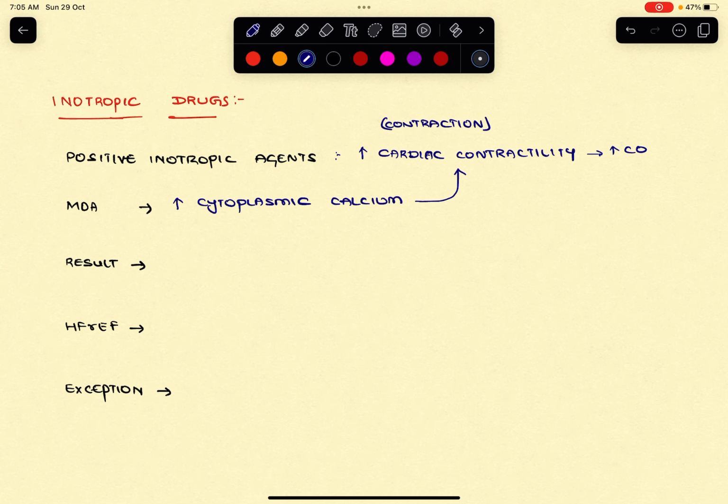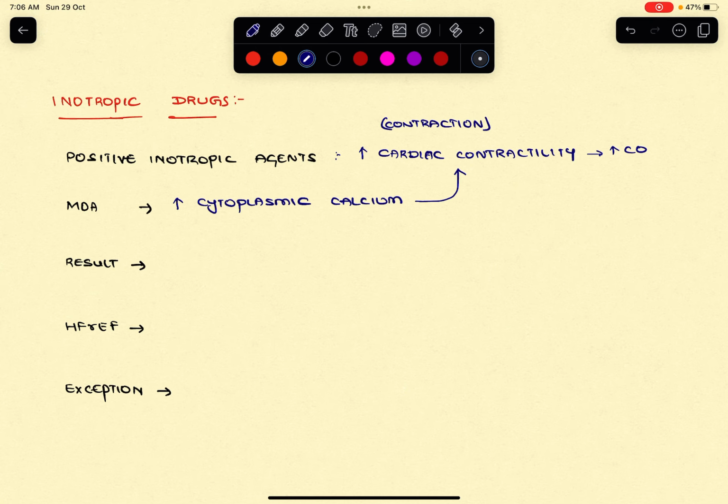So what is the basic mechanism? All of these agents are going to increase the cytoplasmic calcium concentration, thereby, as you know, the calcium action on the muscle is to increase the contraction. So by increasing the cytoplasmic calcium concentration, the muscles are going to contract. Is it clear? Okay, fine.